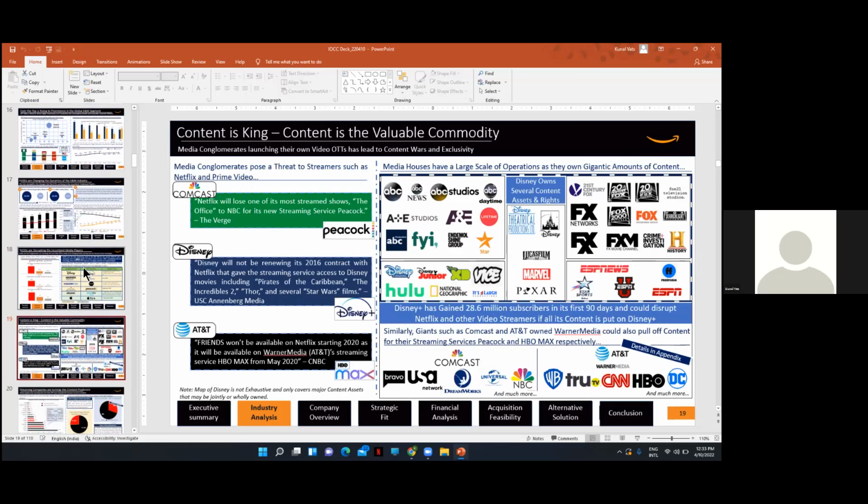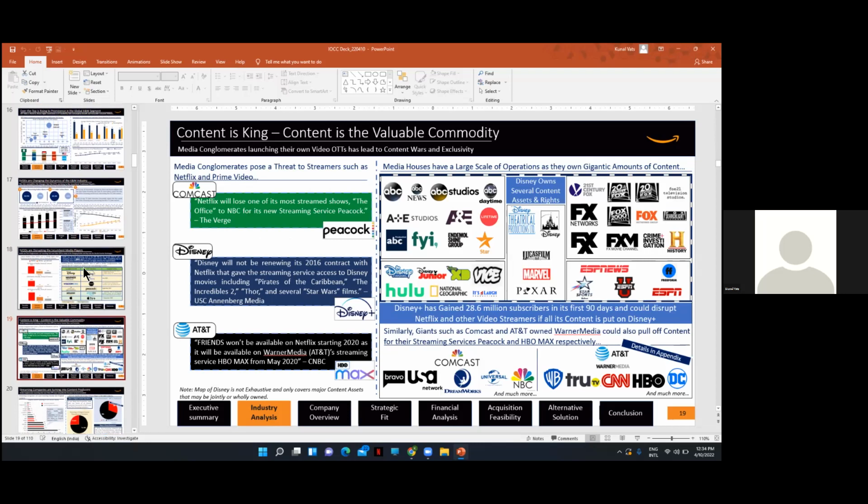And here we come across different studios owned by these players, a map to understand, okay, ABC Studios, Fox, Disney, these are the different players and what they own. Because as you can see over here, Disney has a lot under its belt already, and after this solution was made, Disney definitely acquired even more.